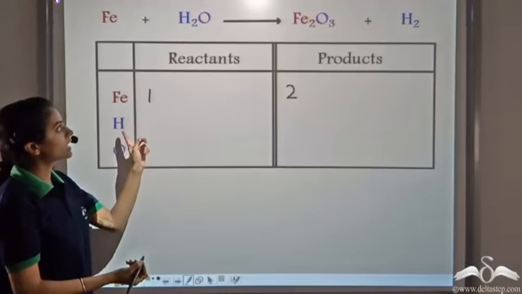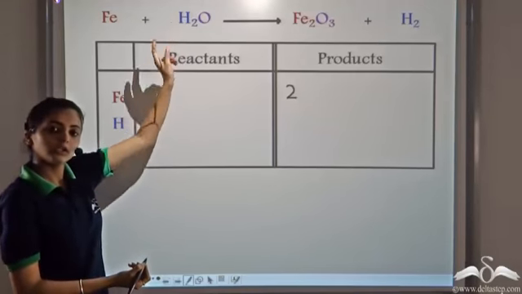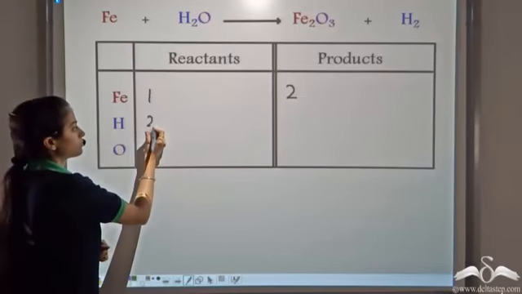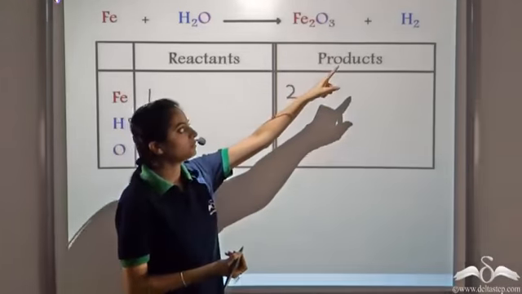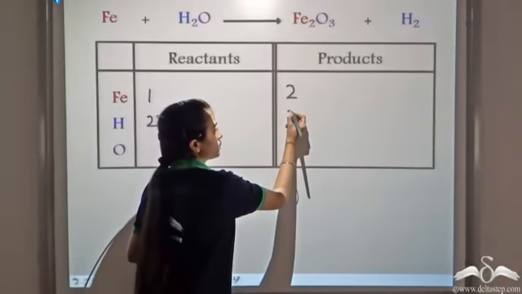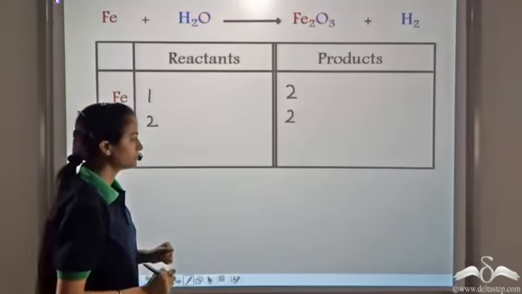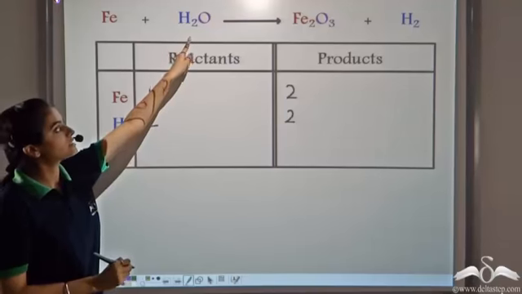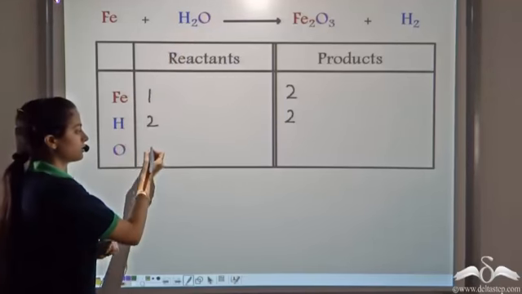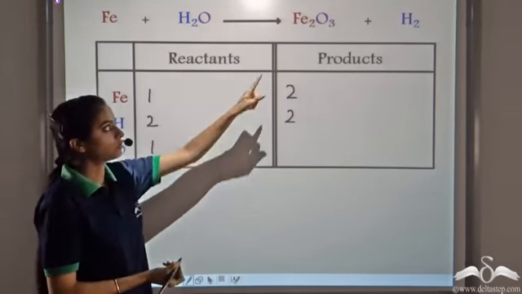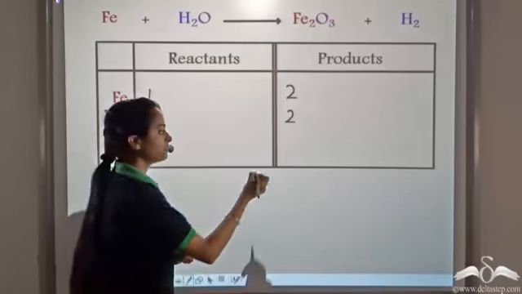On the reactant side, we have 2 into 1, 2 atoms of hydrogen. On the product side, we have 2 into 1, 2 atoms of hydrogen. And oxygen, on the reactant side, we have 1 into 1, so 1. And on the product side, we have 3 into 1, so 3.